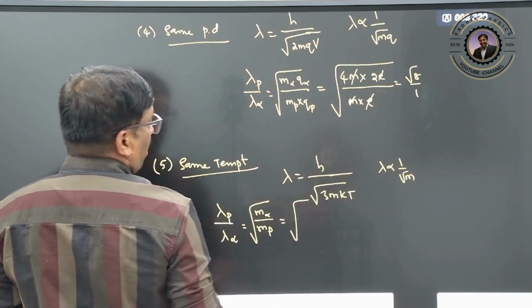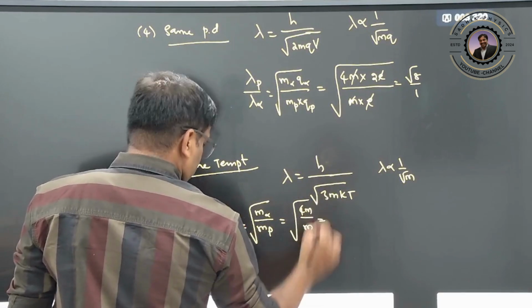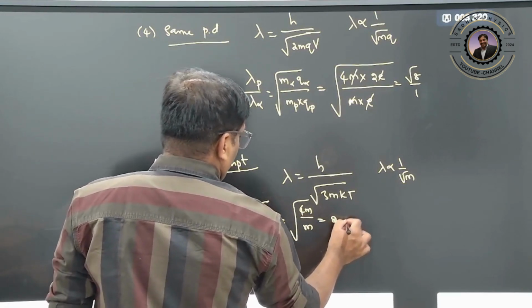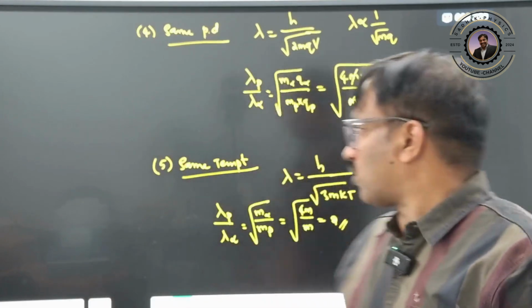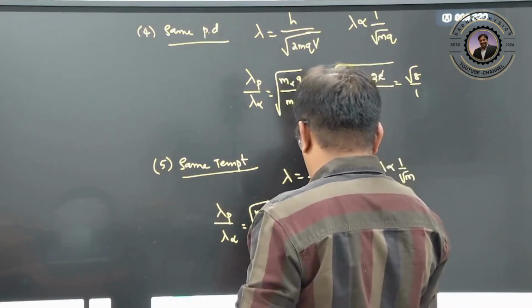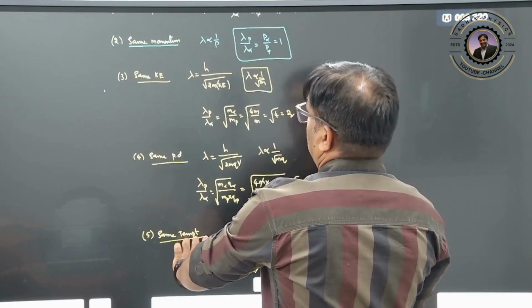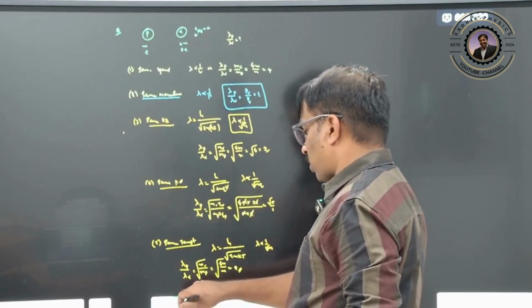Clear? So, mass of the alpha is how much now? 4m by m. It is nothing but root 4, which is 2. Clear? So, in this way you can solve the problems, right? So, if they are asking about the ratios. This is a slightly important question, no?